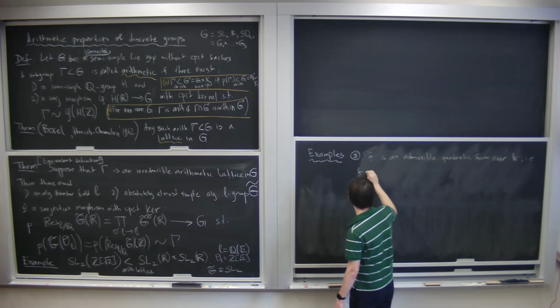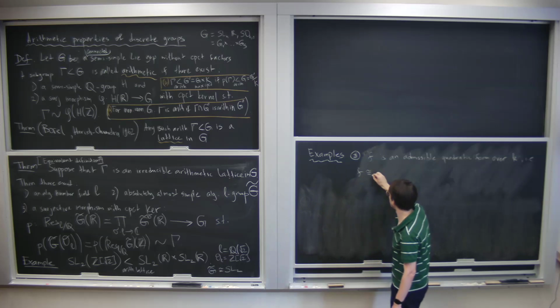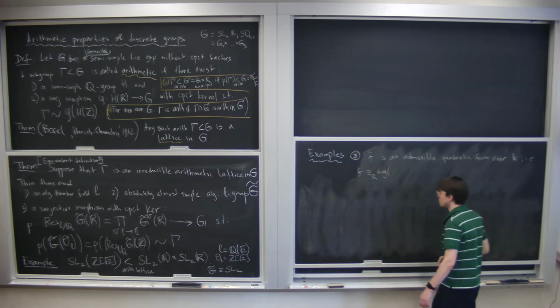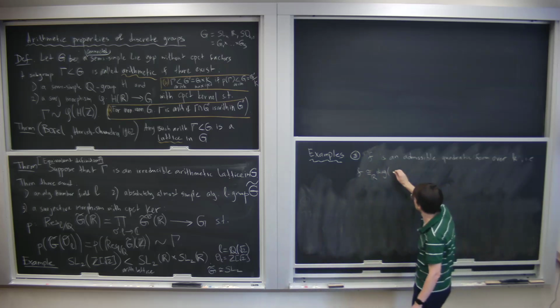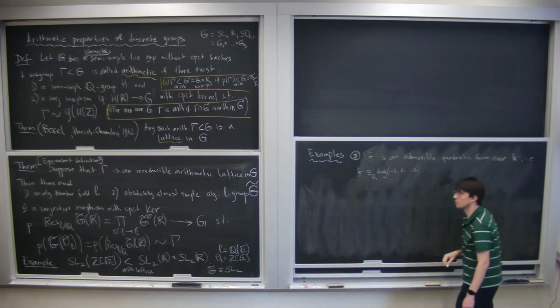F over R is just equivalent to a diagonal form. So over real coefficients, it is just the form of signature (d,1), okay?